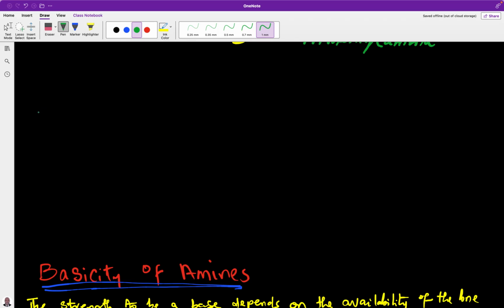We have R, this is a hydrogen, this one is a nitrogen, R prime.